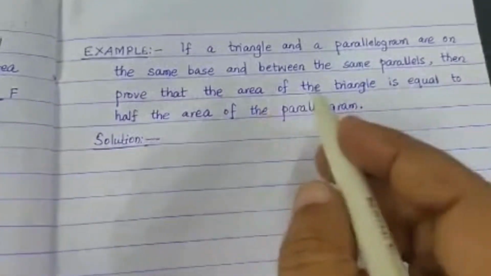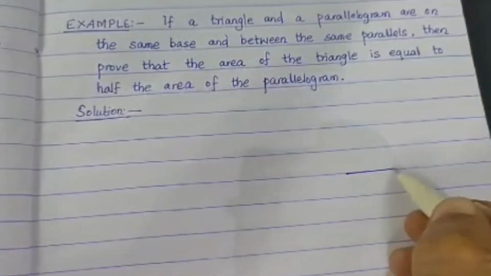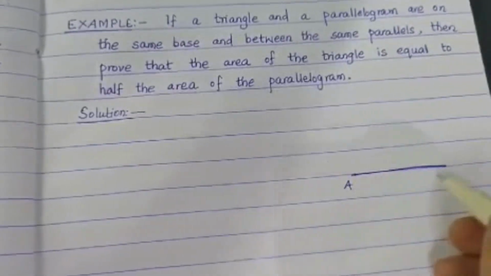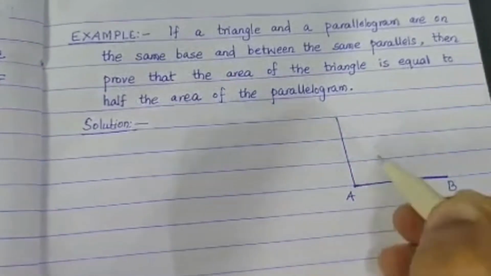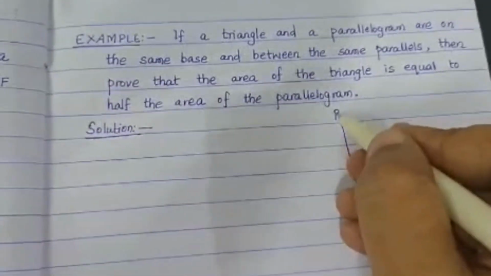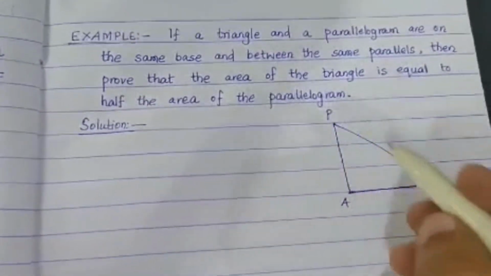If a triangle and parallelogram are on the same base, okay. So let's draw the figure first. Let us suppose this is the same base AB. This is the triangle PAB, and we have to draw one parallelogram also.